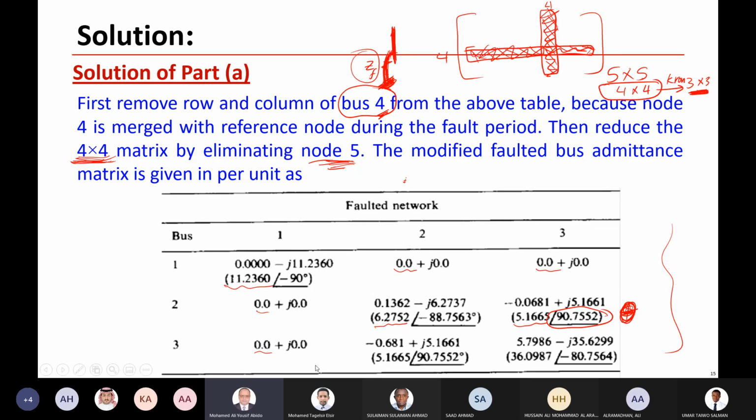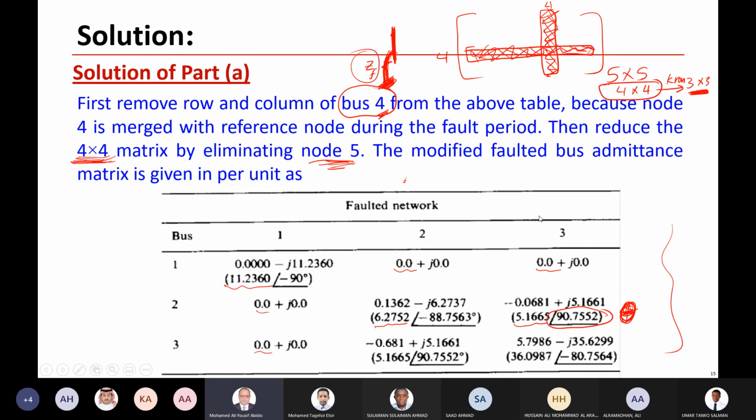Maybe slightly different because it can be approximated, but that's fine, because the calculation is from the old book and maybe some of the calculation differs. This is the way it is done: you eliminate bus number 4 completely and then you have a 4 by 4 matrix, and by Kron reduction you eliminate bus number 5. Okay? Okay, thank you.